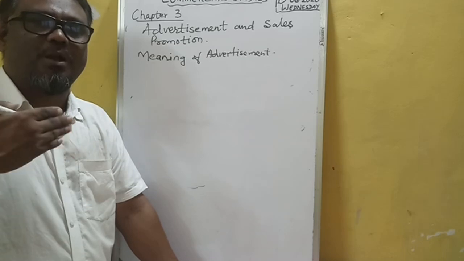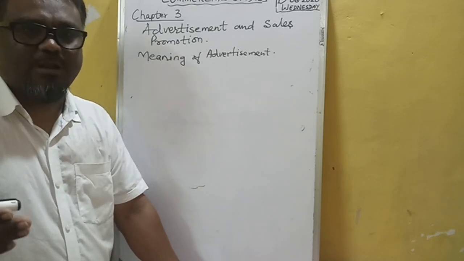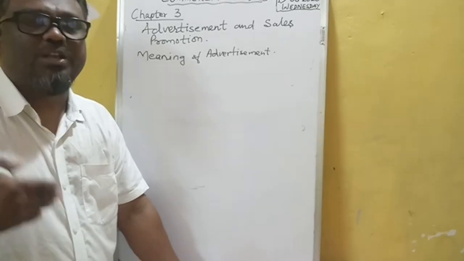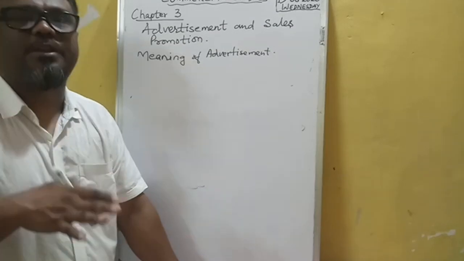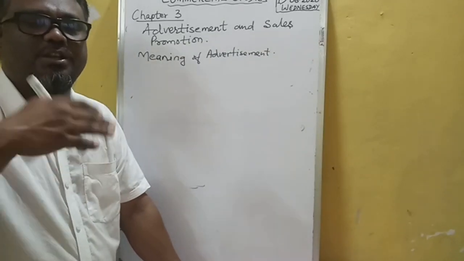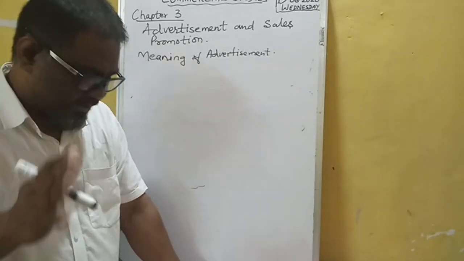Suppose an Amul product's advertisement is done by Amul, a Bajaj advertisement is done by Bajaj, or a Hero Honda advertisement. In this way, it is a mass communication. The information reaches different categories of consumers at a time.